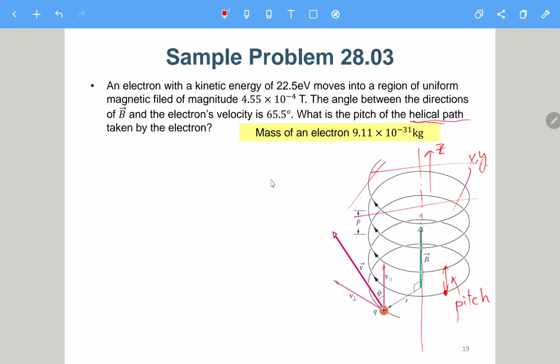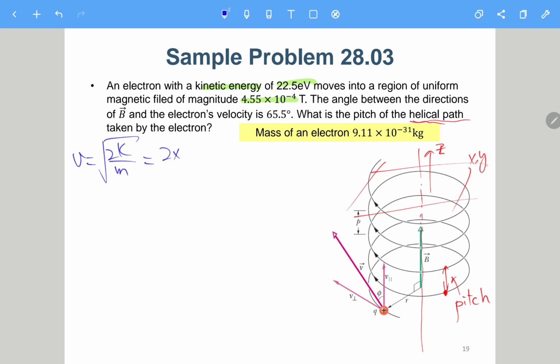Okay, so let's start how to calculate it. Similarly, this is the B field, and this is the kinetic energy. Based on the kinetic energy, we can calculate the V first. V should be 2K over M, and then take the square root of the whole term.